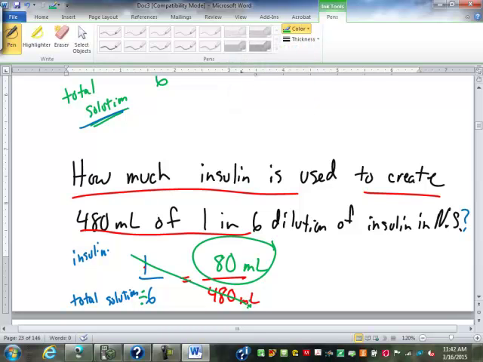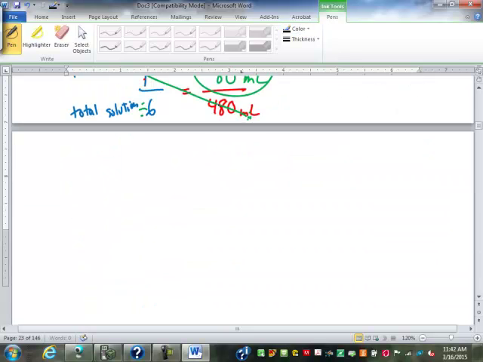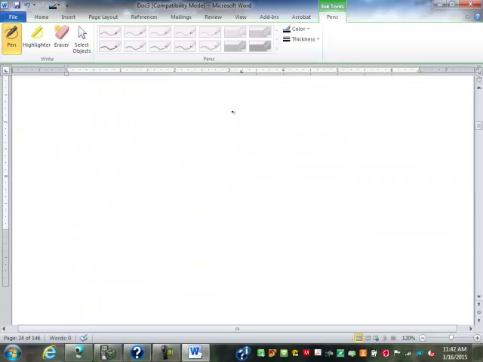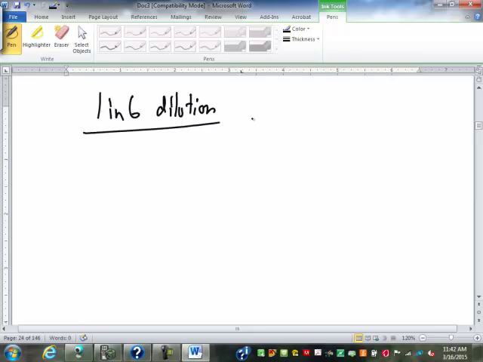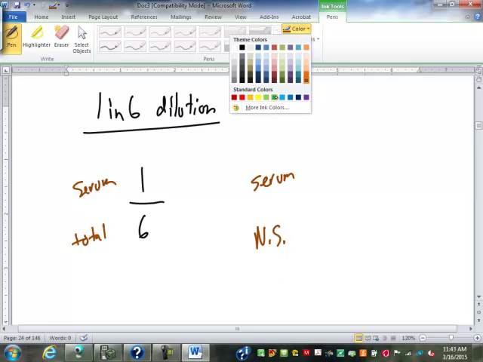Now there are several other ratios. When we talked about ratios, we talked about the other possible ratios that could be created. So let's look at this 1 in 6 again in our dilution. So the 1 in 6 dilution gave us a ratio of 1 to 6, and the 1, of course, was the serum, and the 6 was the total solution. But what if we wanted a ratio of serum, or concentrate, to our water or neutral solution that was added?